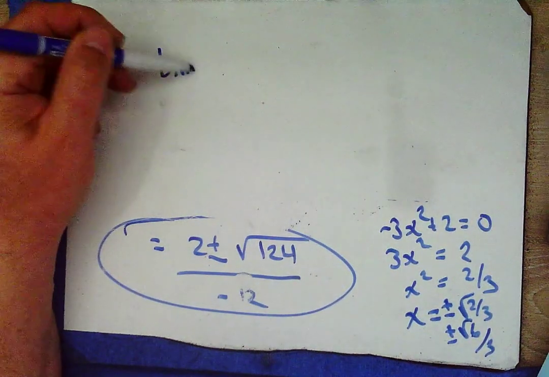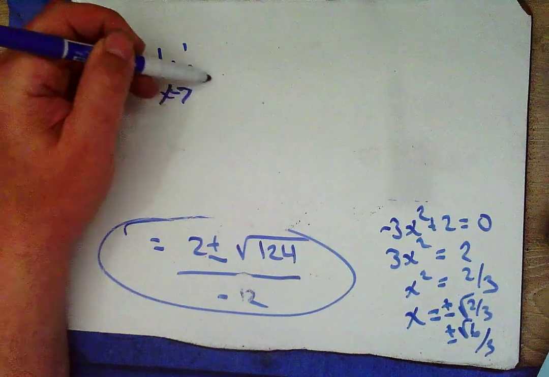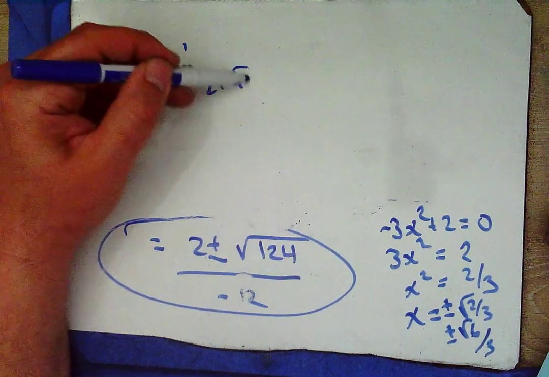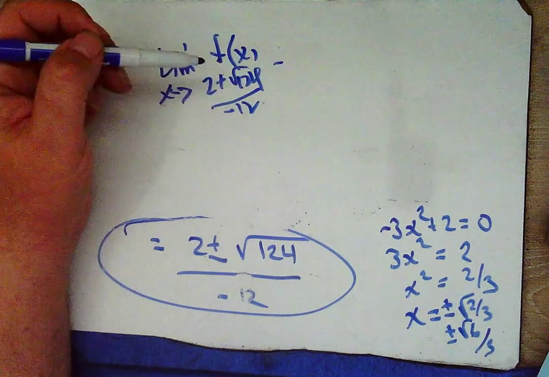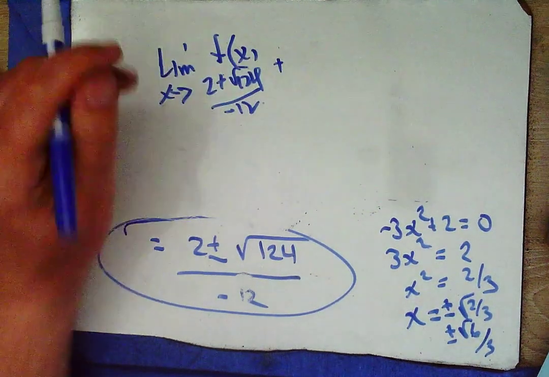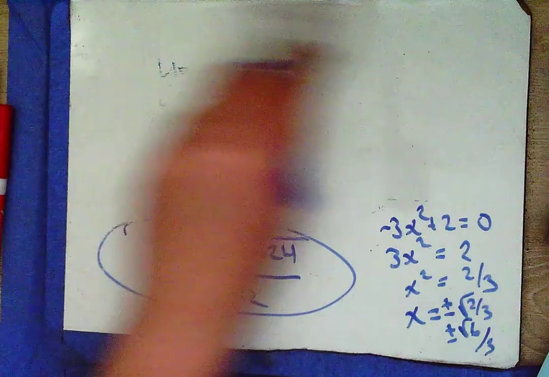Well, what is the limit as x approaches 2 plus square root of 124 over negative 12 from the negative side or the positive side? I think thinking graphically about that could be very, very helpful. So I would say graph that one. Let's graph it on our calculator.